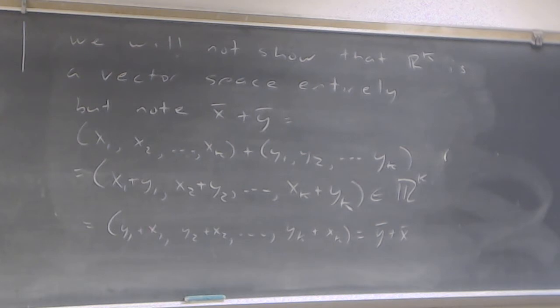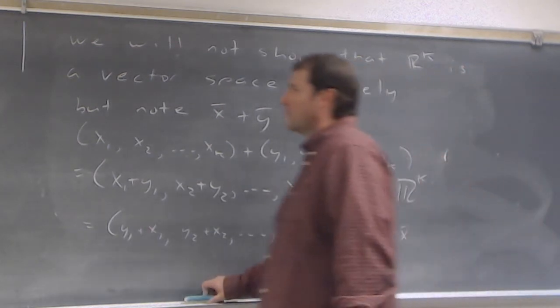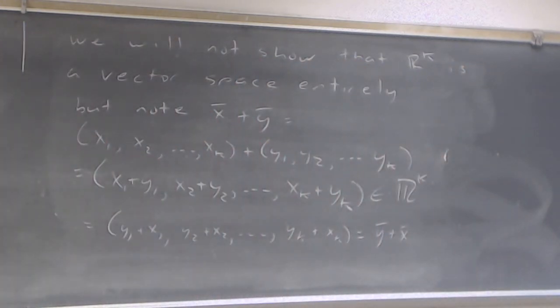And just to show one more property involving scalars that would need to be shown for proving that RK is a vector space, let's look at one more thing.